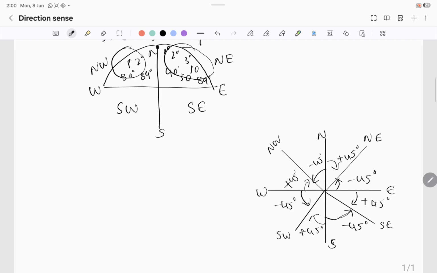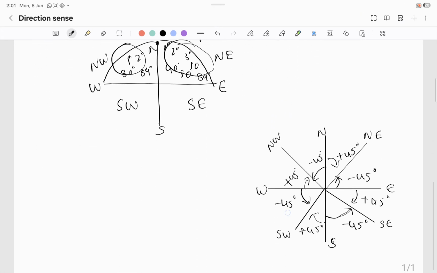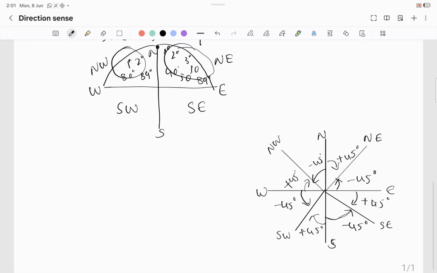If it is just a right turn or left turn, every time we need to consider it as 90 degrees. Otherwise, if the angle is mentioned, we need to go with the angle. Now, how many sectors are these four lines divided into? Total 8 sectors.